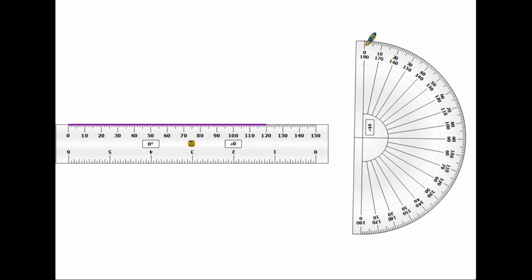And rather than measuring in a straight line, we measure using a protractor. And we start in just the same way at 0 and we measure how much something has turned. And rather than using millimeters, we use degrees.